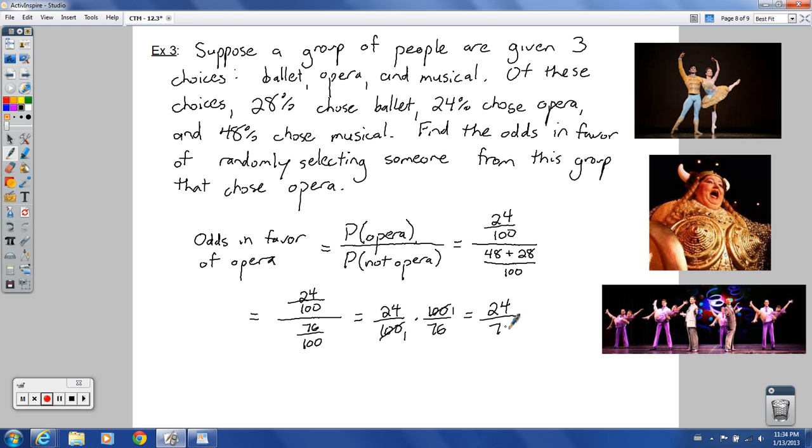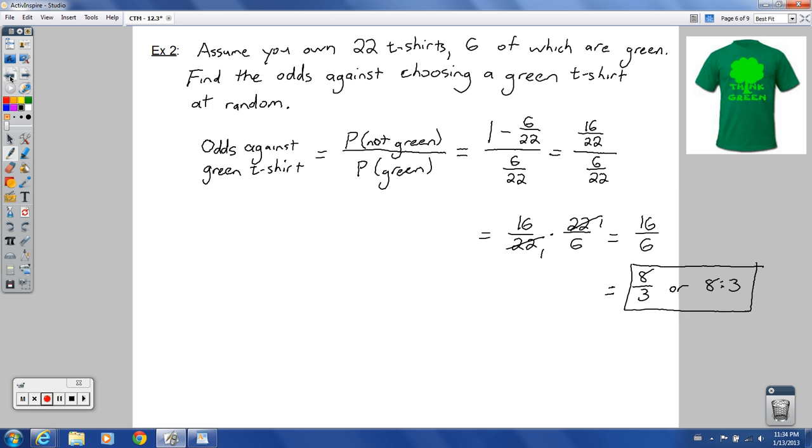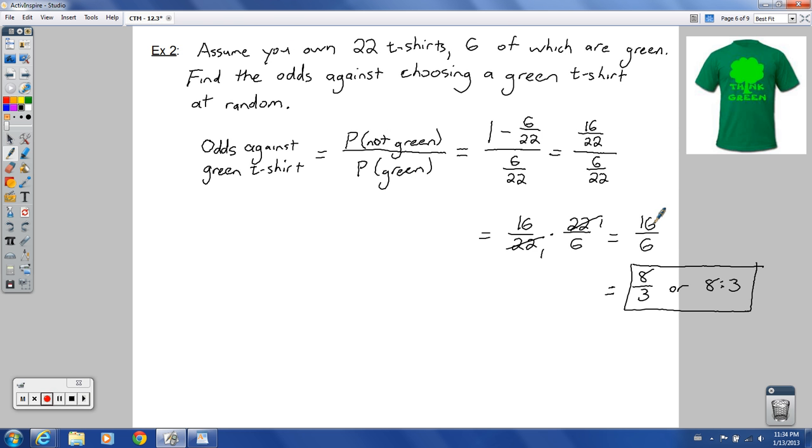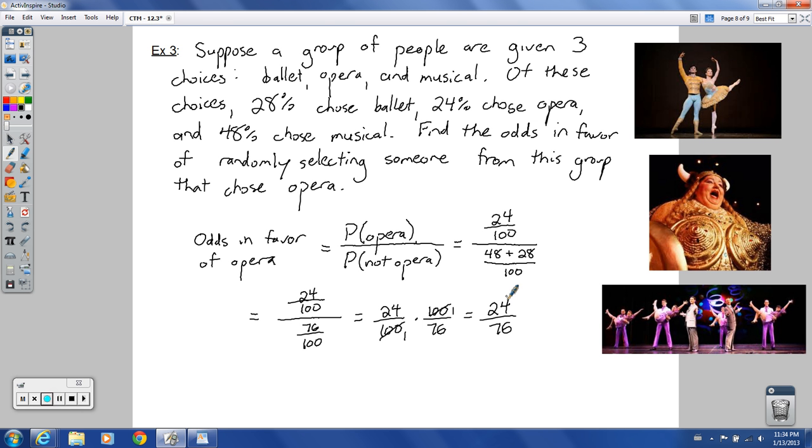So again, like I had said before with examples 1 and 2, if you notice that this and this add up to the 52, you can go right to that shortcut way. If you notice 16 and 6 adds up to 22, this is not green, this is green, you can go right to that. If you notice this is the opera part and this is the not opera part and they add up to that 100, then, because we're talking about percent here, you could go right to this right away.